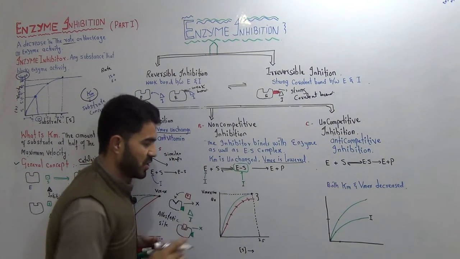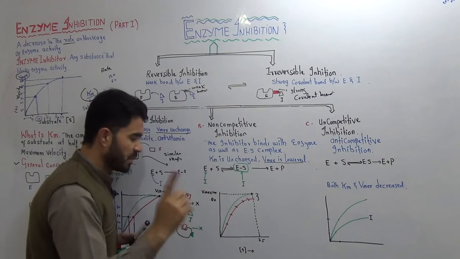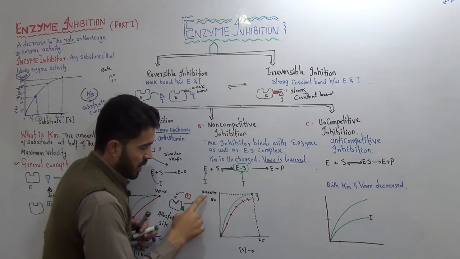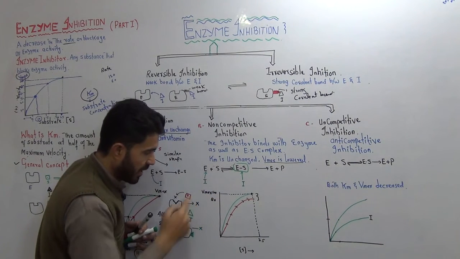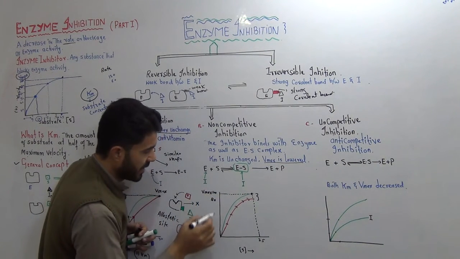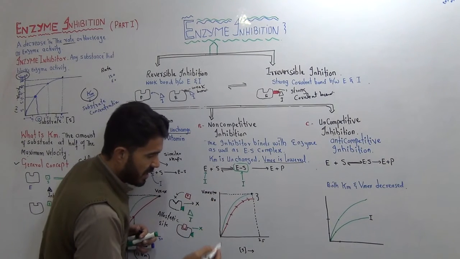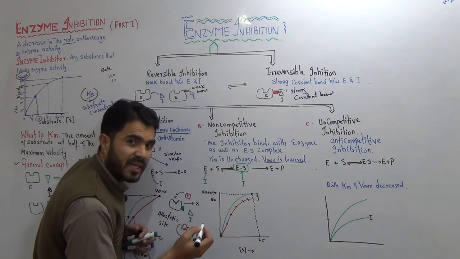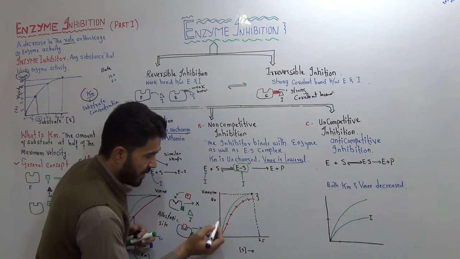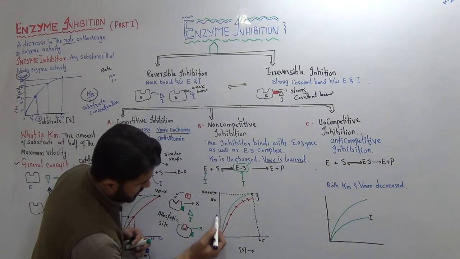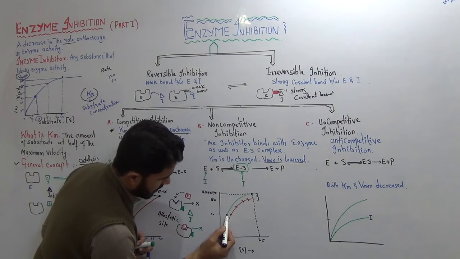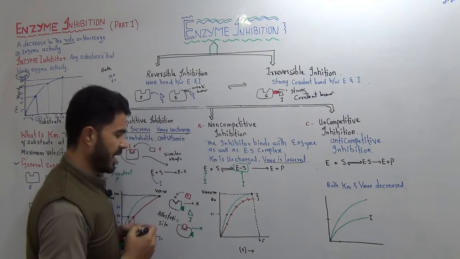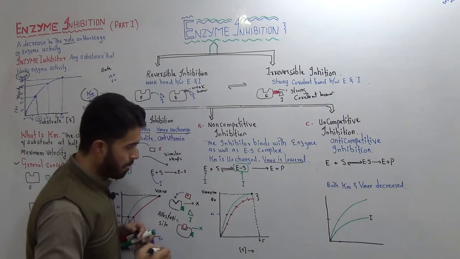So this is what we mention here. Km is unchanged. What is meant by this? Look, when the speed is decreased from 100 to 80, in the beginning, let's suppose this was the 100. Can you tell me where will be the Km for this line? For 100, if this point shows 50, then here it will be our Km.